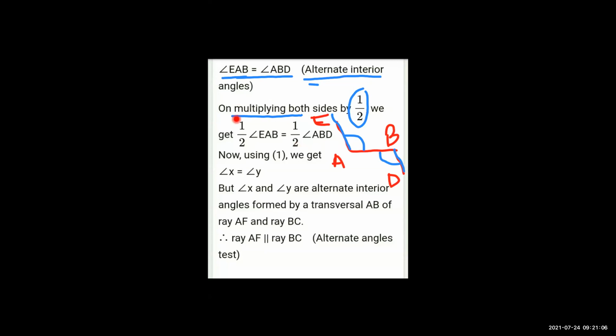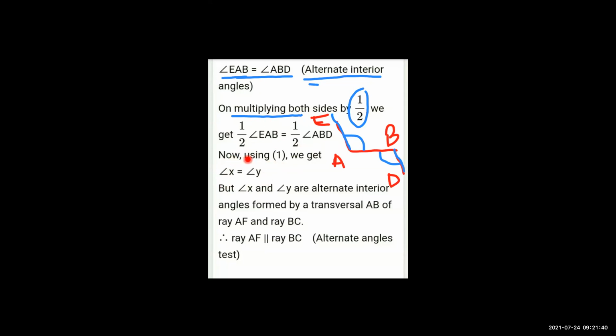We multiplied by half on both sides of the equation. Now we know the value of half of EAB is X, so I put X equal to the value of half of ABD, that is angle Y. So the equation we got is angle X equal to angle Y.